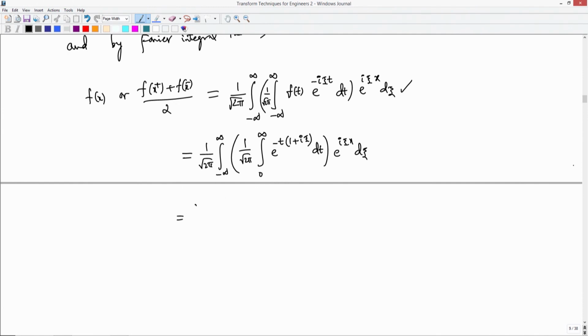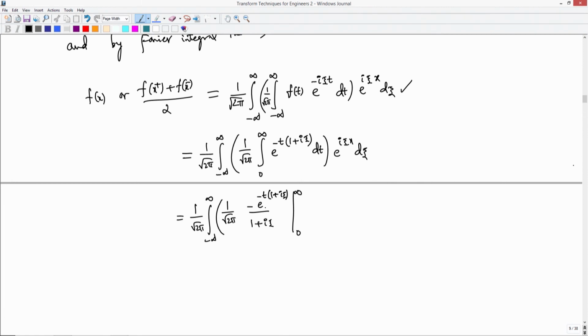So, this is equal to 1 by root 2 pi, integral from minus infinity to infinity, 1 by root 2 pi, and this value is 1 by 1 plus i xi. So, e power minus t times (1 plus i xi), and if you do this from 0 to infinity limits, because of e power minus t, this is going to be 0 at infinity.